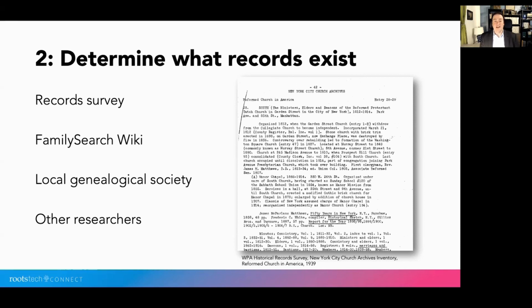This happens to be the inventory specifically for the Reformed Church in America in the New York City Church Archives area. Now, these records were in existence in 1939, so there's no guarantee they're still going to be around today, but it's an important step in determining what records might be available.